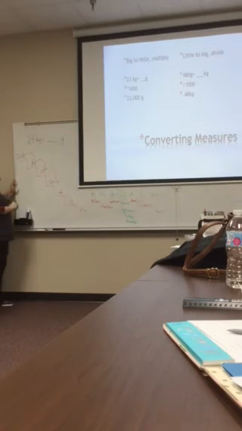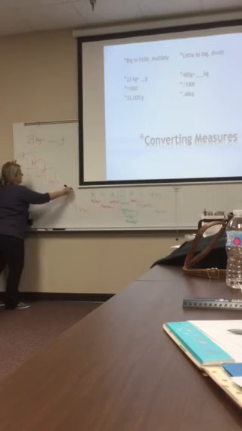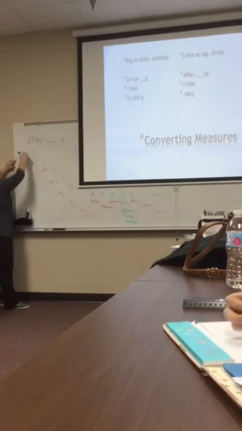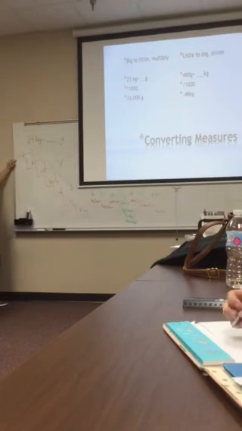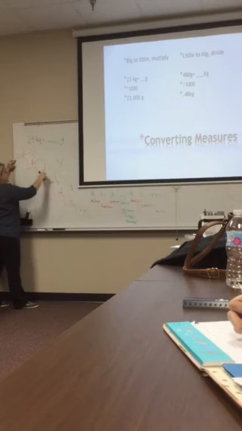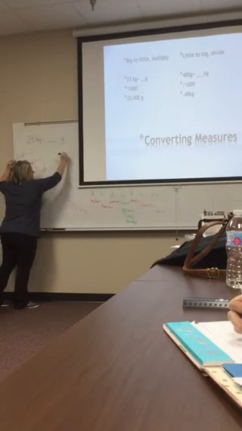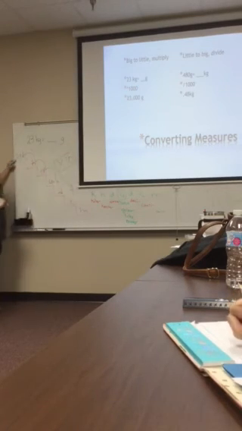10. So, am I going from big to little, or am I going from little to big? Big to little. I'm going big to little. So when I go big to little, we know that we multiply. And I just told you the magic number is 10. So every step I take, I'm multiplying by 10.